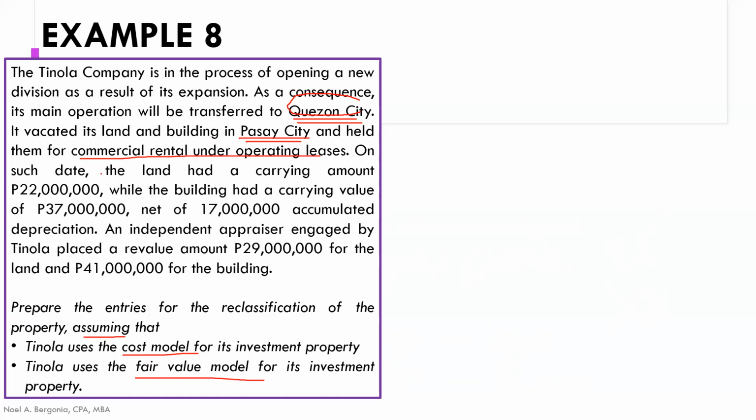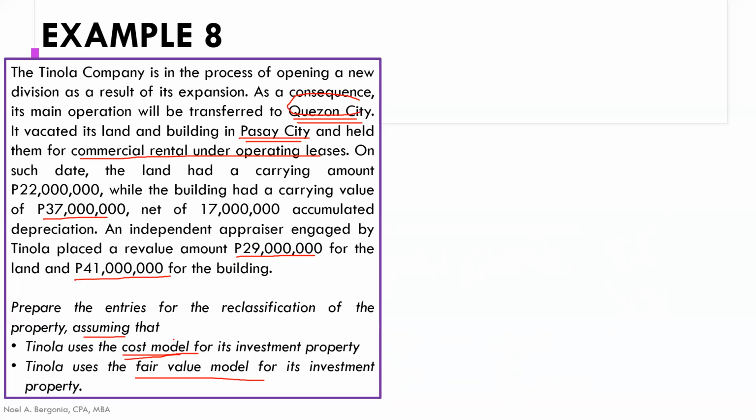Now on such date, the land had a carrying amount of 22 million, while the building had a carrying value of 37 million, net of 17 million accumulated depreciation. The independent appraiser engaged by Tinola placed a revalued amount of 29 million for the land and 41 million for the building. So unahin po natin yung cost model.